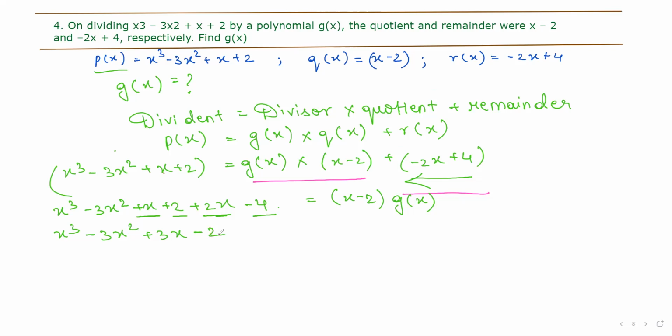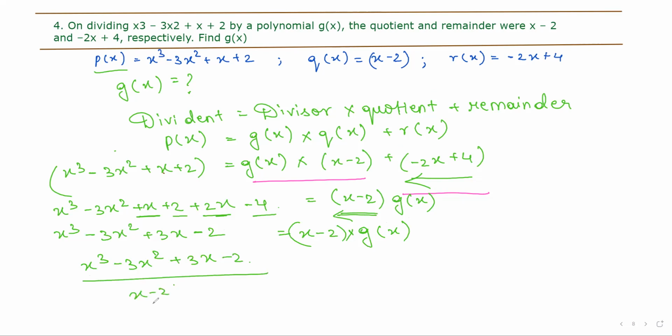Next, what you'll do? You will take this x minus 2 on the left hand side. Why? Because you need to get the value of g of x. Here you have multiplication, so x minus 2 will be converted into division on the left hand side. X cube minus 3x square plus 3x minus 2 divided by x minus 2. You divide this, you'll get g of x by basic division.